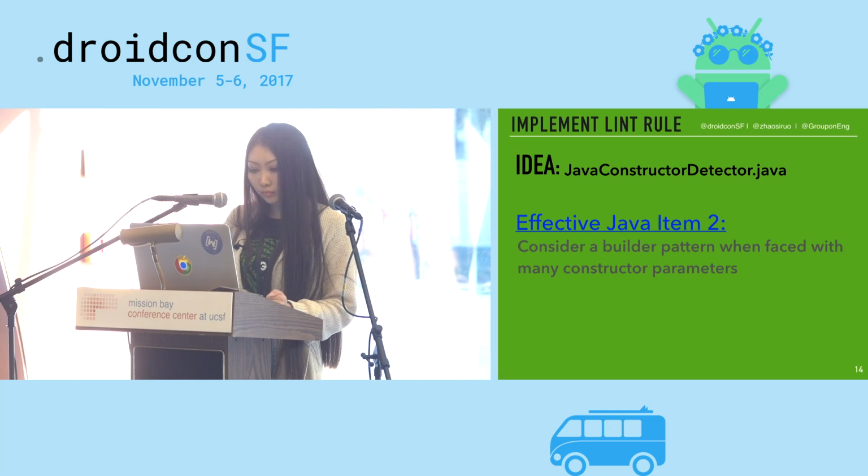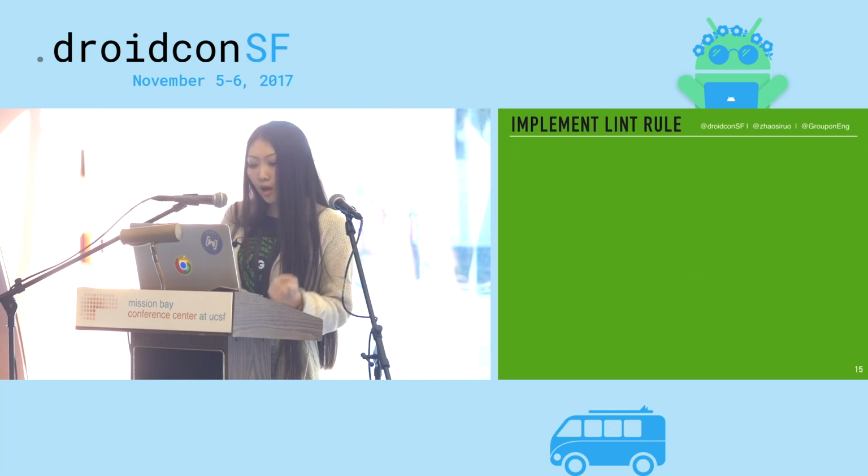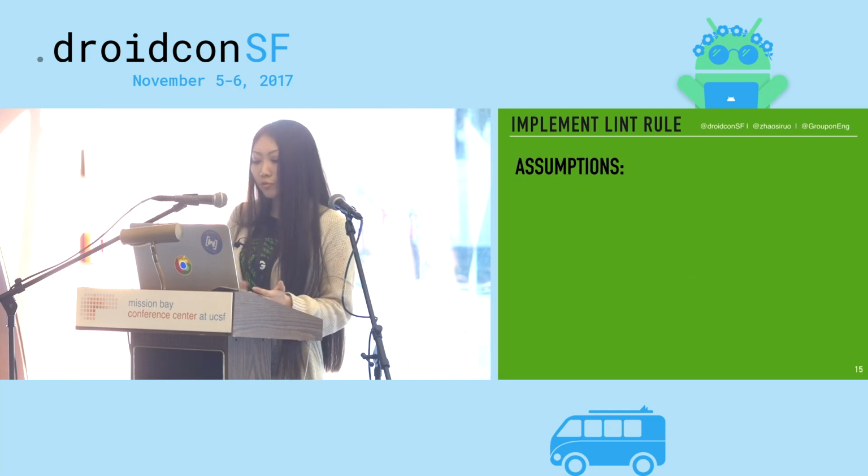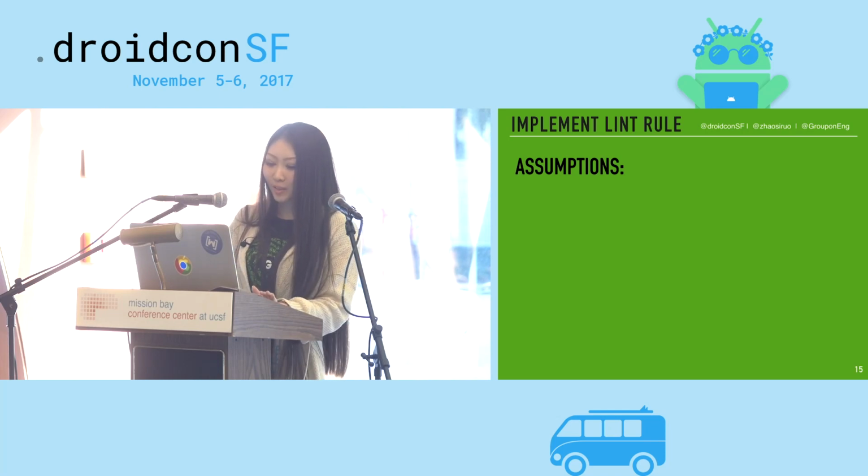So here are some assumptions that I have to make so that we can focus on how to work with Lint, instead of handling the edge cases for all kinds of logic.